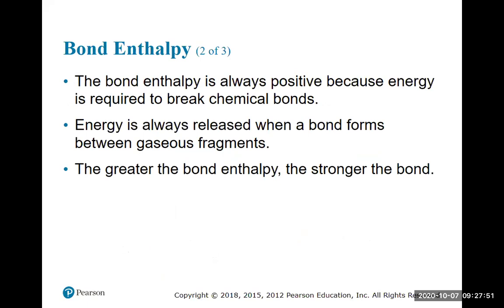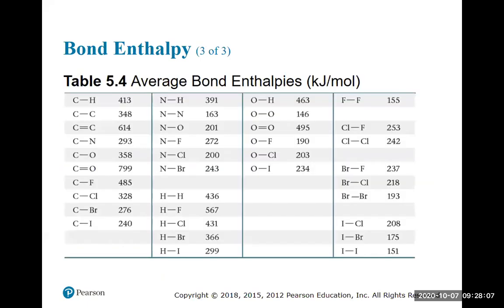So that's always an endothermic process. Now, energy is always released when a bond forms between gaseous fragments. The greater the bond enthalpy, the stronger the bond. So key takeaways here: they're always positive, and the bigger they are, the stronger the bond.